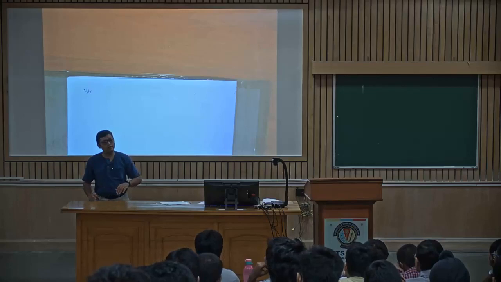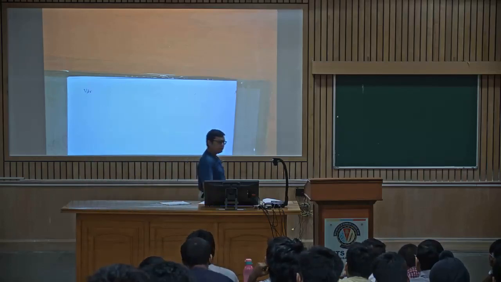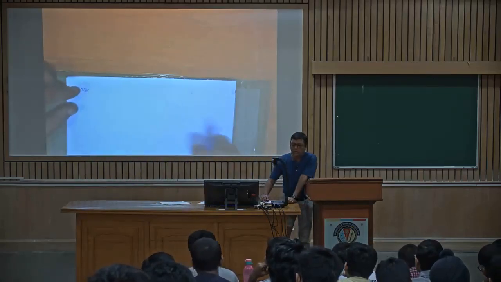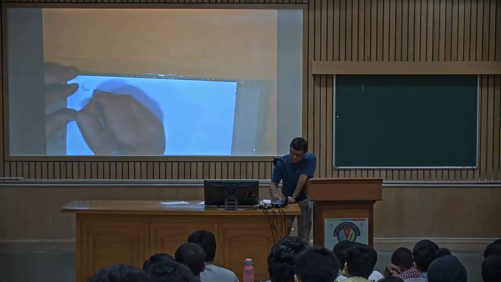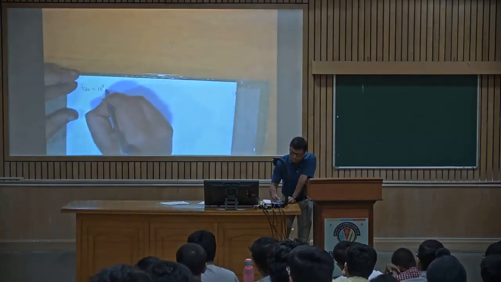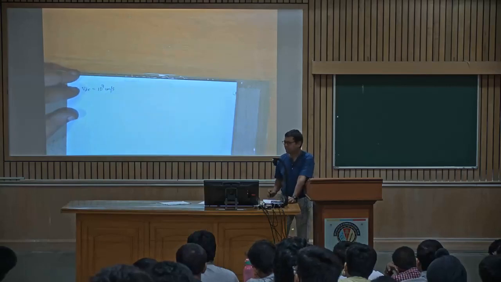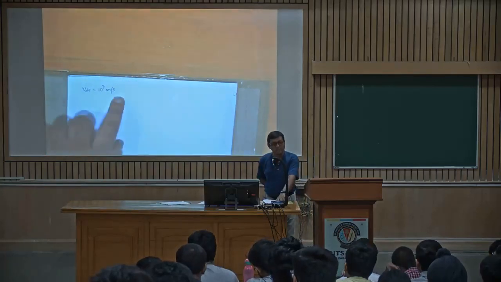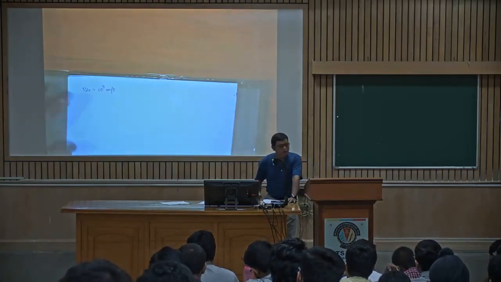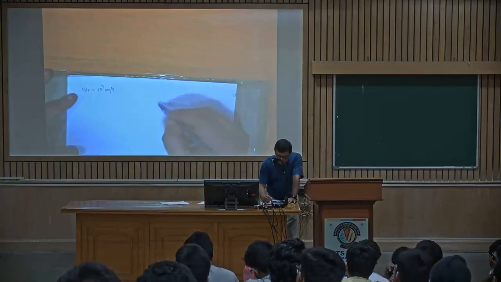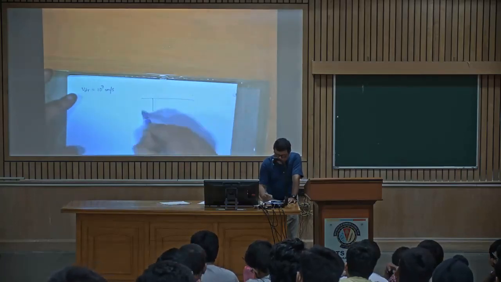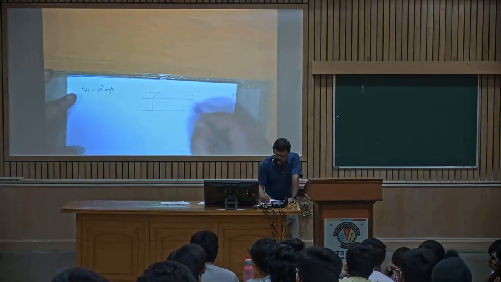So if we speak of VDR, the drift velocity, as say 10 power 7 centimeters per second, let us say some value. That means every second, how many electrons? So let us say this is one bar of silicon.